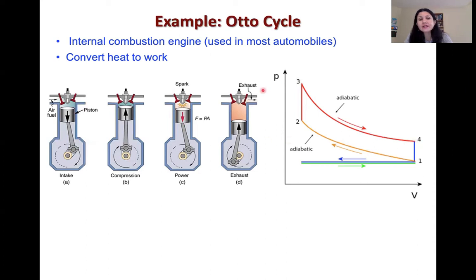Now at this stage, this excess thermal energy is being taken out through the exhaust. So that's this process where the volume is still staying constant, but pressure is going down as the heat is leaving the system.